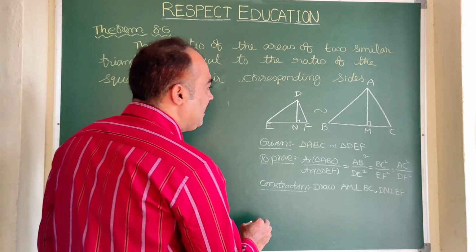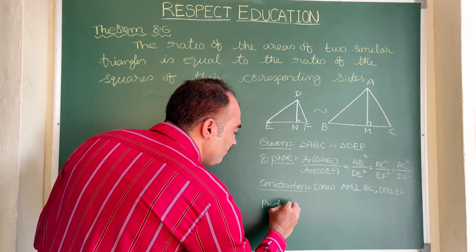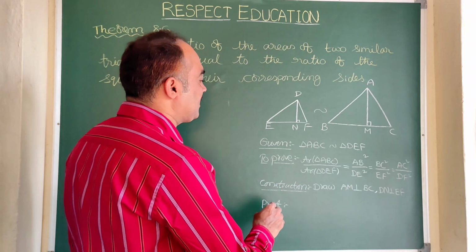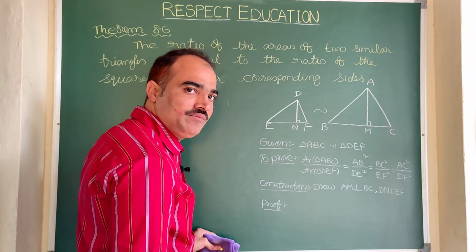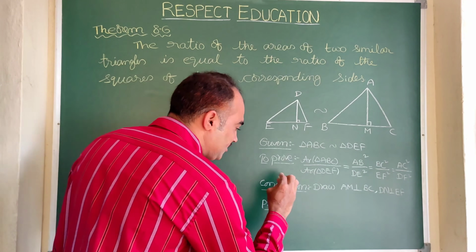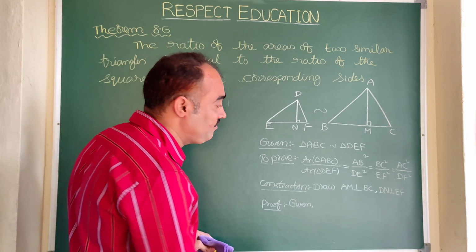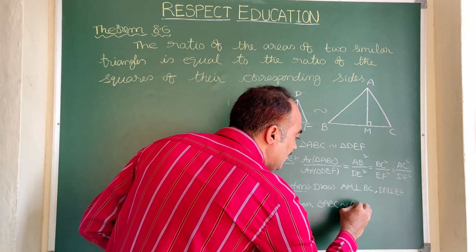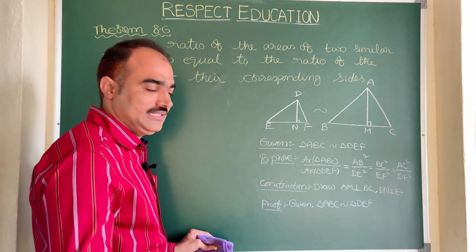Now here let us start the proof. Right, here we need to understand the given condition. The given condition is triangle ABC similar to triangle DEF. So let us start with that. Given, or you can write since, triangle ABC is similar to triangle DEF, so we have two conditions.